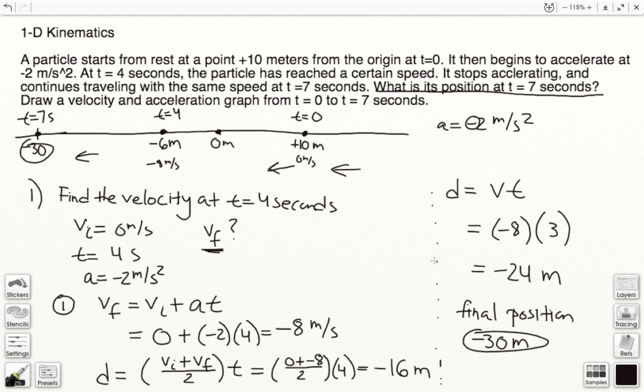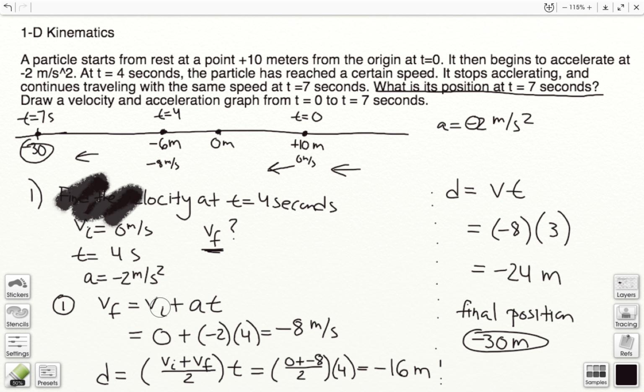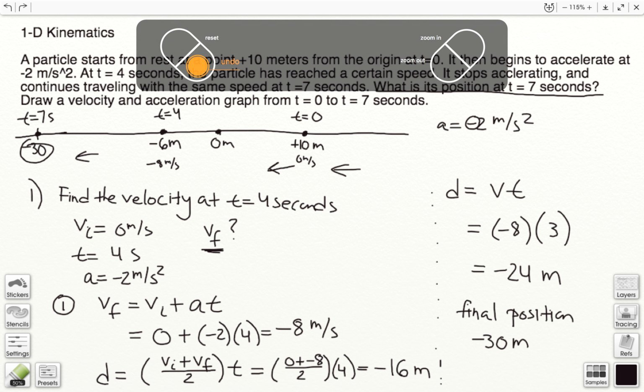Okay, so now I'm going to do the velocity and acceleration graph. I'm going to keep these drawings, and I'm just going to clear this area.